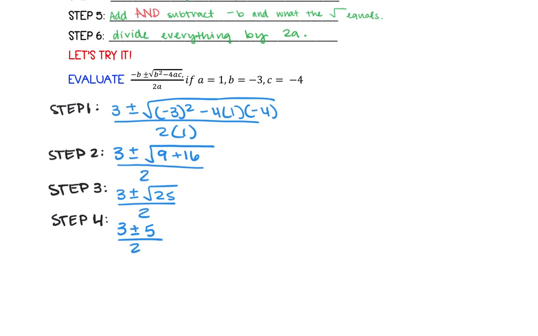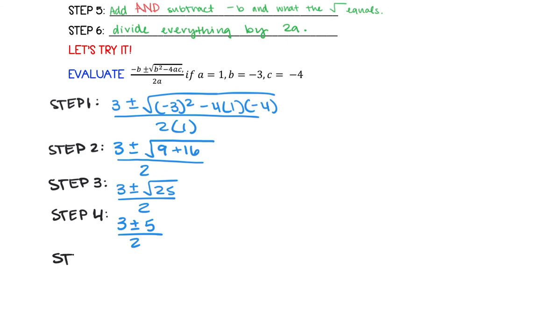Step 5 is where we add and subtract. So we should have 3 plus 5 divided by 2, and then we should have 3 minus 5 divided by 2. 3 plus 5 is 8, so we get 8 over 2. 3 minus 5 is negative 2, so we get negative 2 over 2.